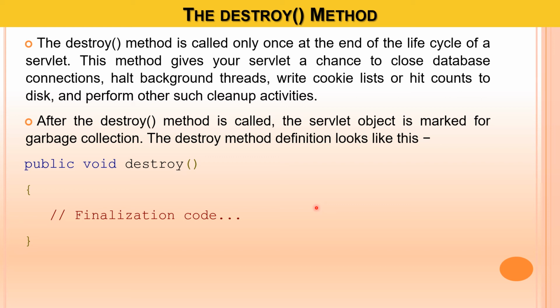After the destroy method is called, the servlet object is marked for garbage collection and will get destroyed. The destroy method looks like this: public void destroy(), and the finalization code will be given inside the body.